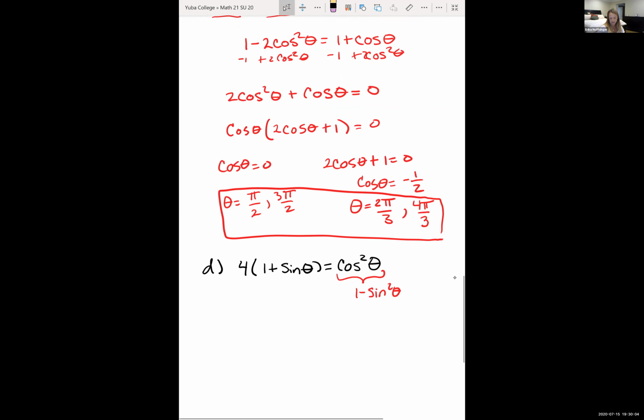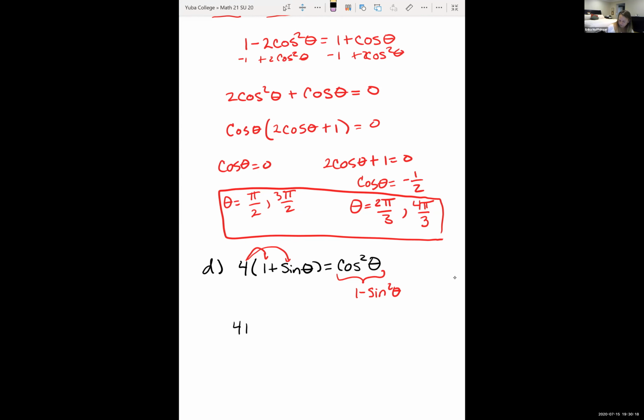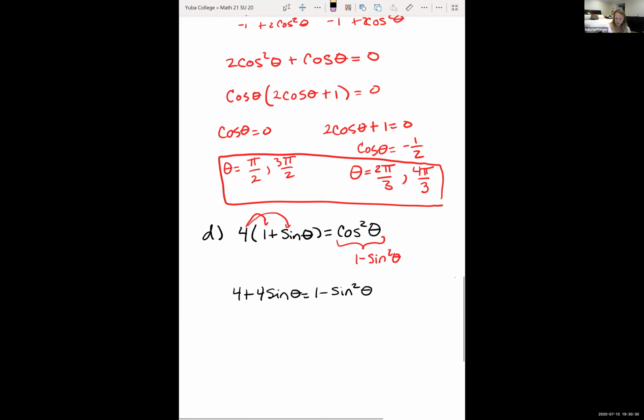At the same time, let's distribute our 4. So distributing the 4, we have 4 times 1 is 4 plus 4 sine theta is equal to 1 minus sine squared theta. Let's get everything to one side of the equal sign because it's a quadratic. So let's add sine squared to both sides.